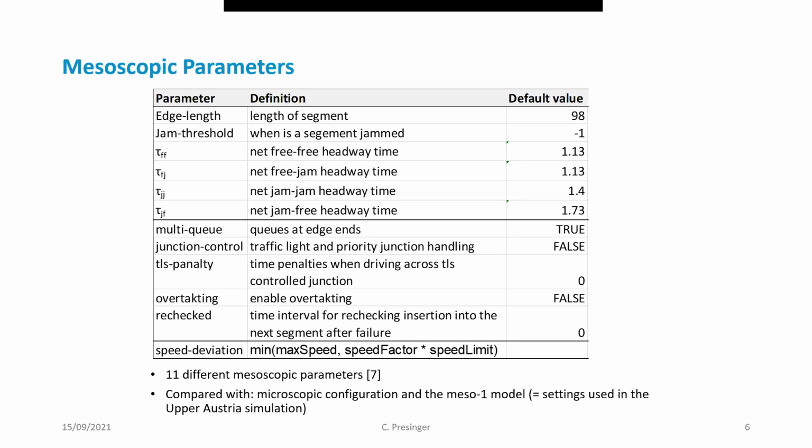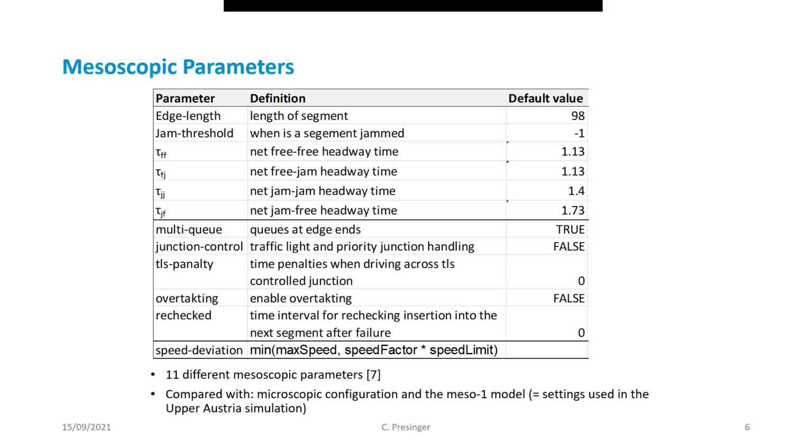So, what parameters are possible in a mesoscopic simulation model? One parameter, which of course is not here because it is essential to use it mesoscopic, is to enable the mesoscopic model. So before you work with SUMO as a mesoscopic model, you need to enable it.